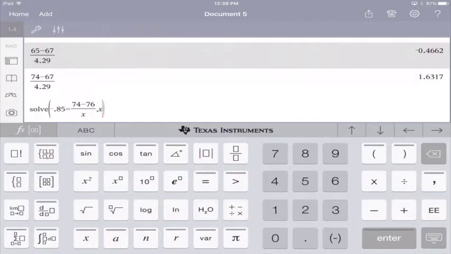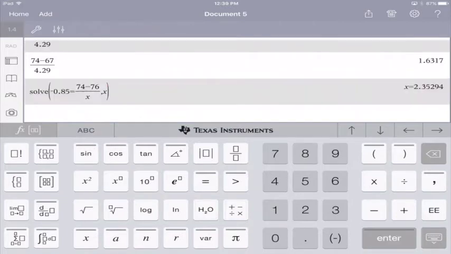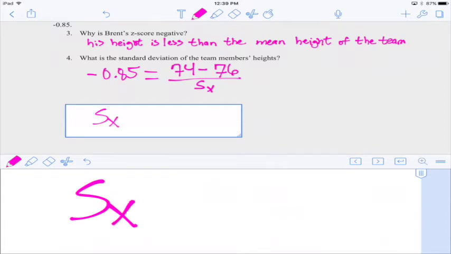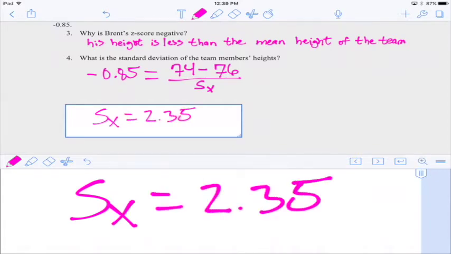So you need to type in comma x because it means it's going to solve for x for you. There you go, 2.35. So this means that the standard deviation is 2.35.